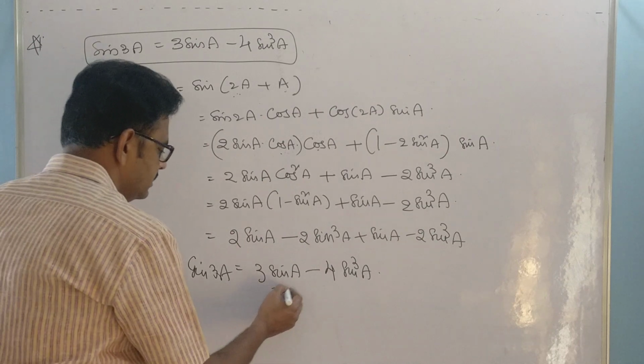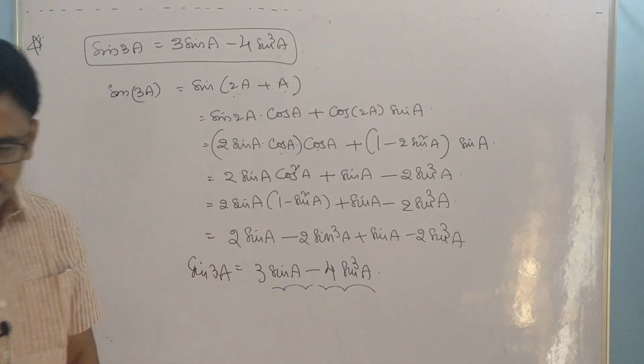Sin 3A equal to 3 sin A minus 4 sin cube A.